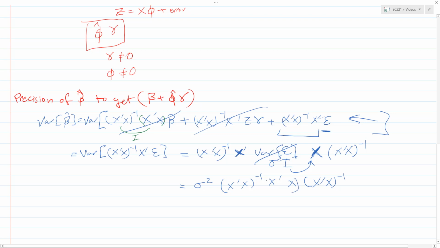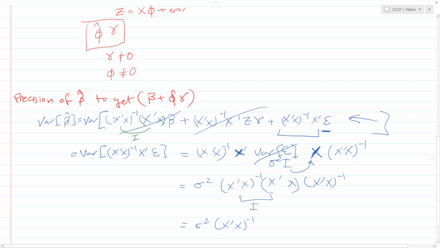Now if we group that together, we can see it's the inverse of the first term or second term. So if you multiply these together, you get I, and I drops out because I times this is itself. So sigma squared x prime x inverse.